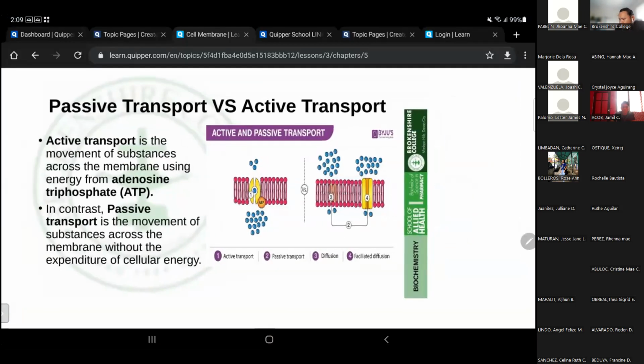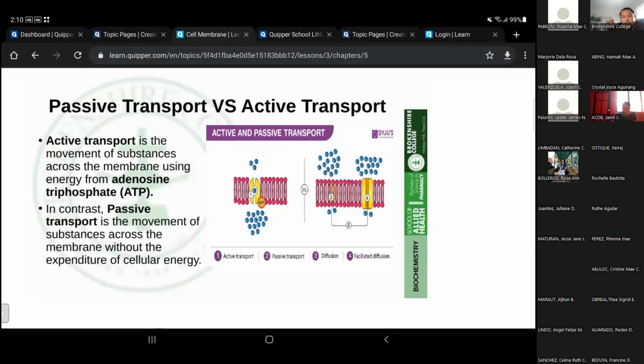Okay. So, in contrast, passive transport is the movement of a substance across the membrane without the expenditure of ATP. It's just that the configuration of the molecule, the shape of the molecule, configures with that of the channel or receptor wherein it could pass through.